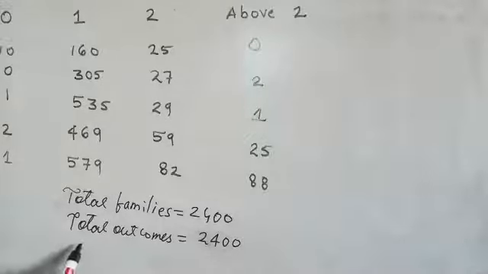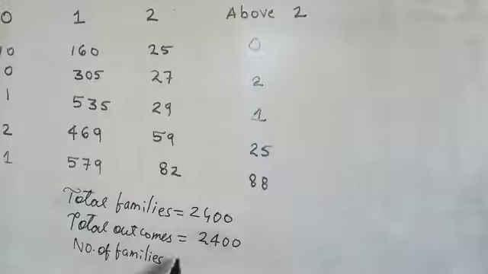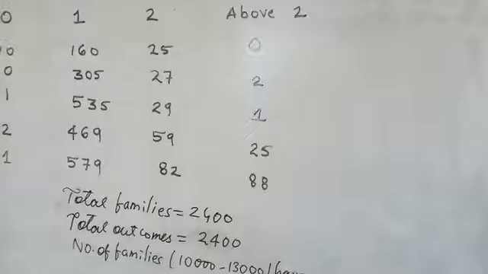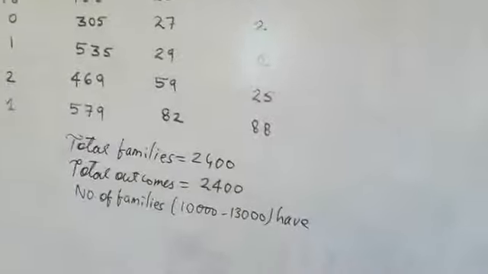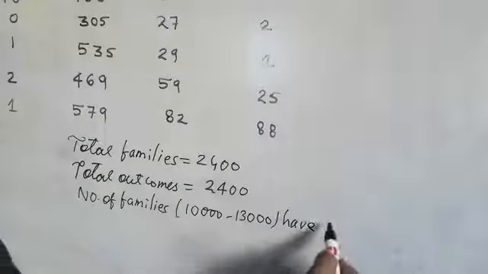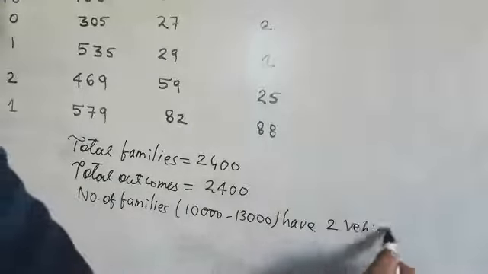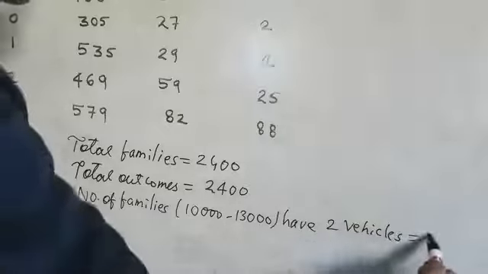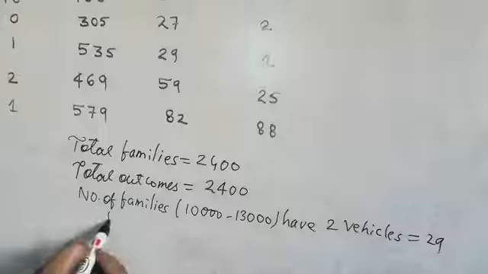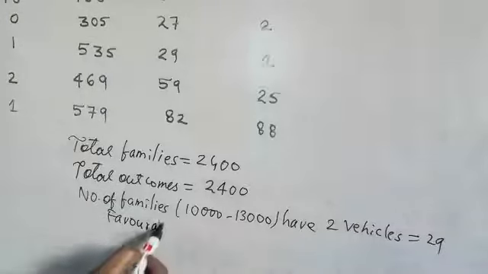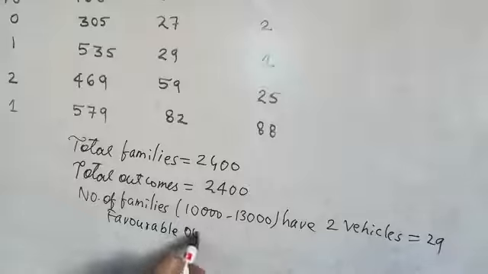The number of families having income of 10,000 to 13,000 and having two vehicles, such families are 29. So our favorable outcome will be 29.